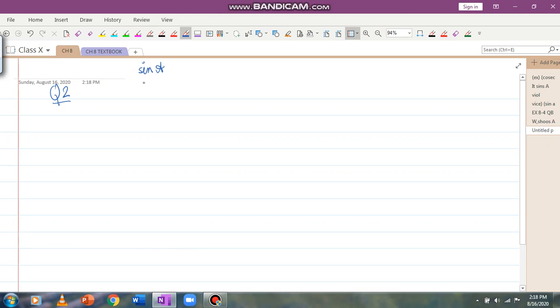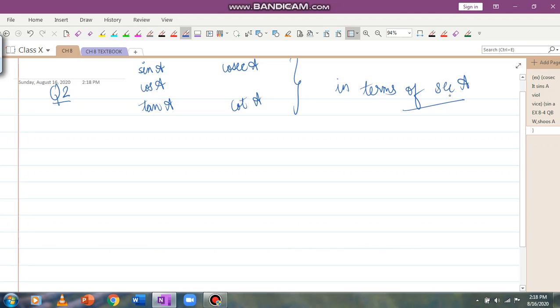I want to write down sine, cos, tan, cosecant and cot. These 5 ratios in terms of secant A.